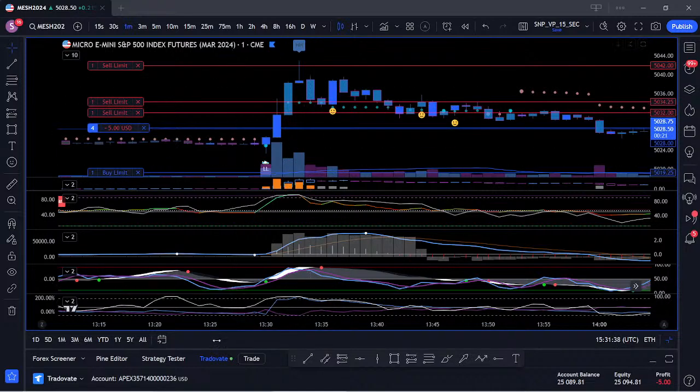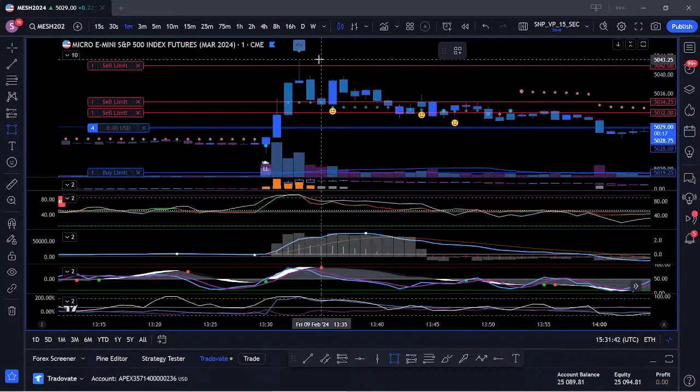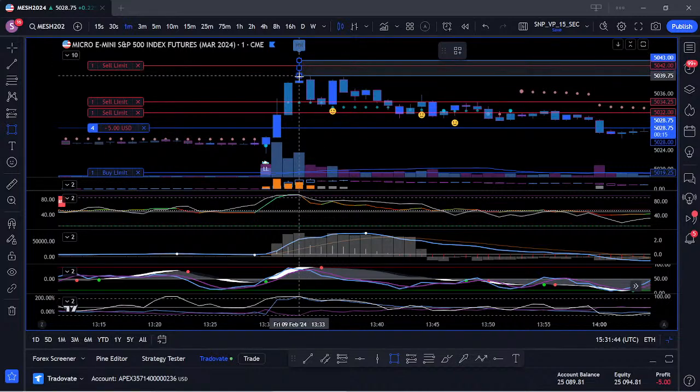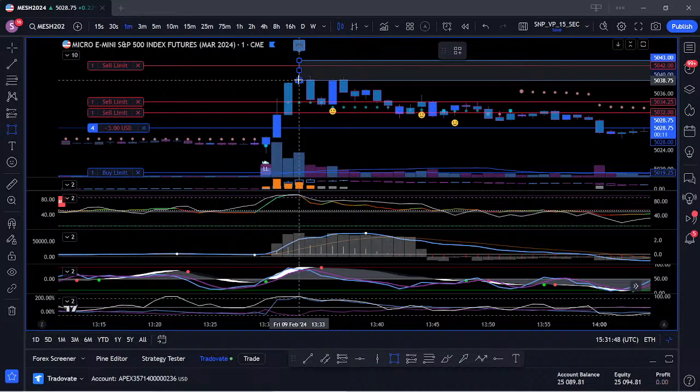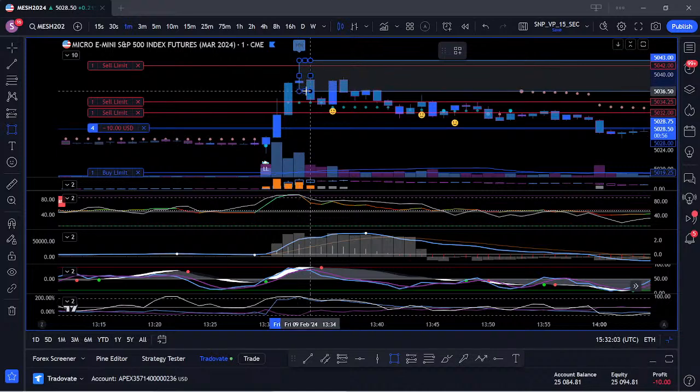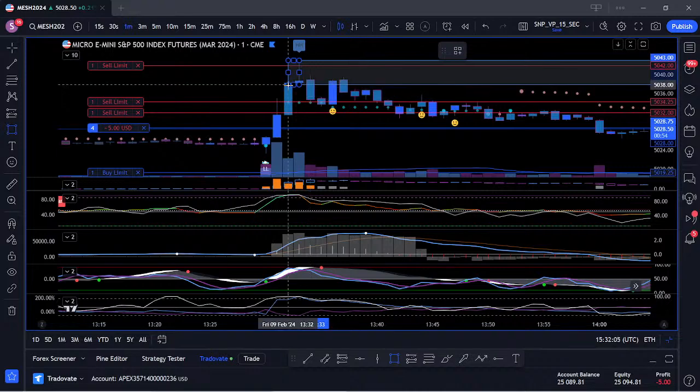So basically the selling pressure is here, from here up to here. The sellers started up to there.